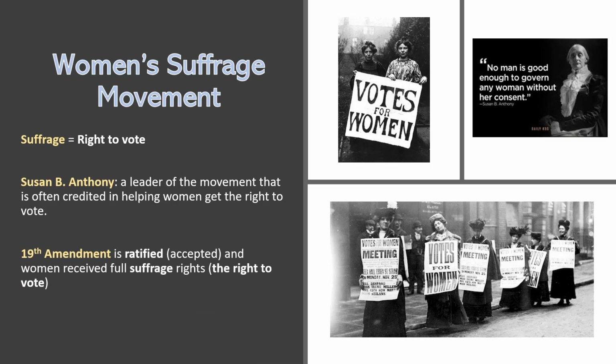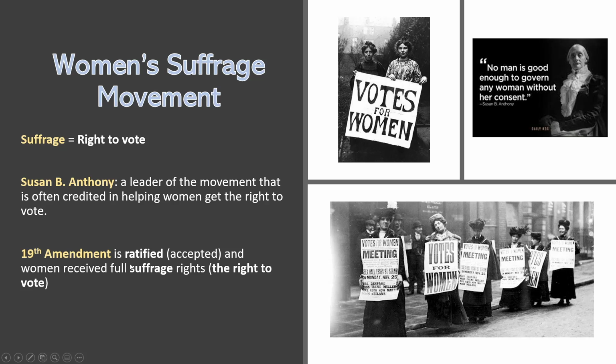Anthony at this point. And eventually, after years of fighting and going on hunger strikes and rallying and getting support, especially during World War I, we'll get there later, women are going to be successful in convincing Congress to give all of them the complete right to vote, give them full suffrage rights.